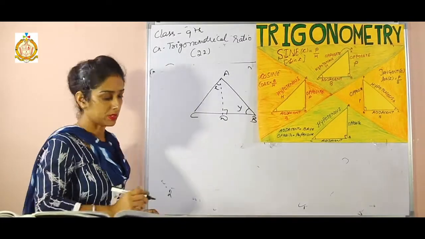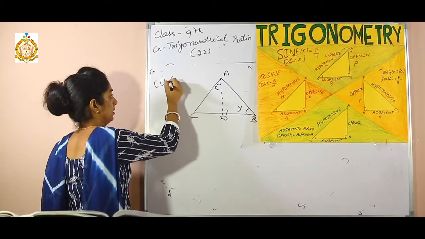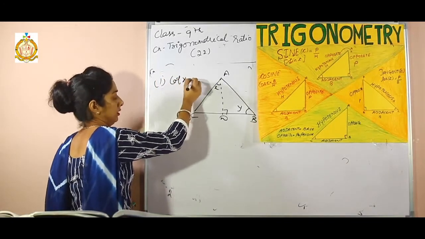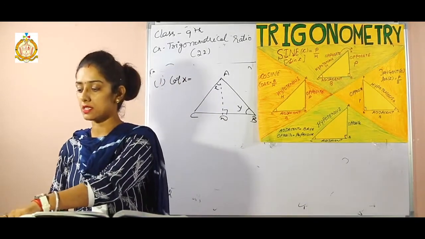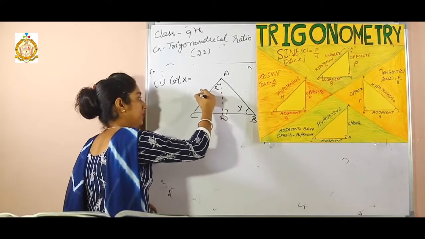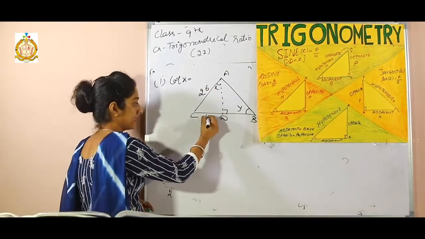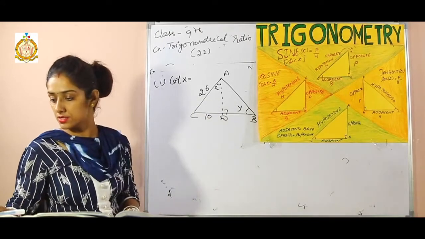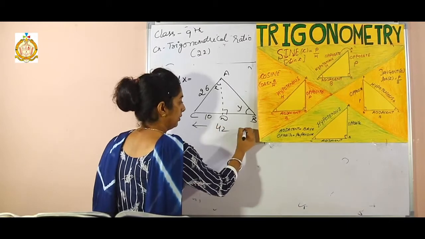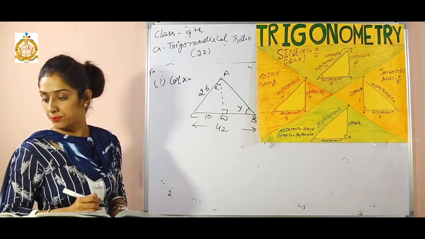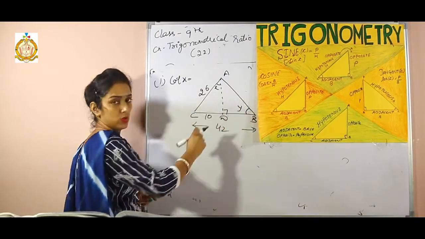First of all, see cot x. Yeah, in this question, AC is given, that is 26, and CD is 10, and BC is 42. Yeah, and angle DAC is X, and this one is Y.